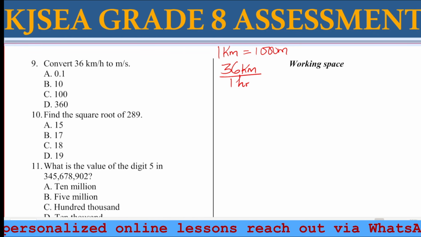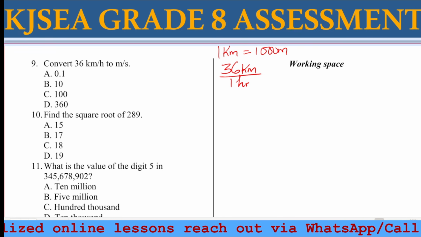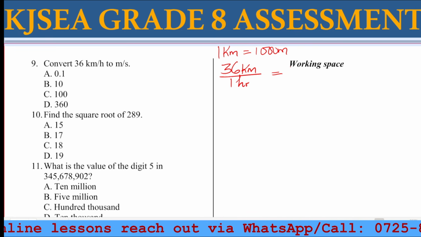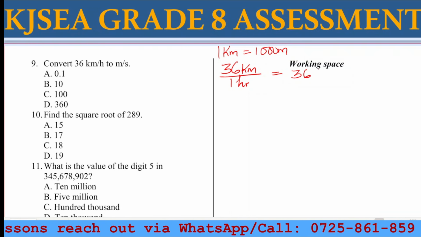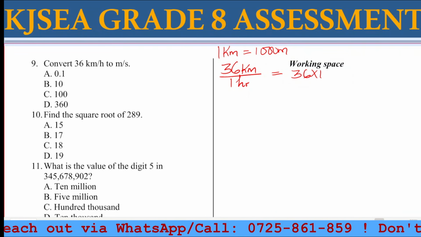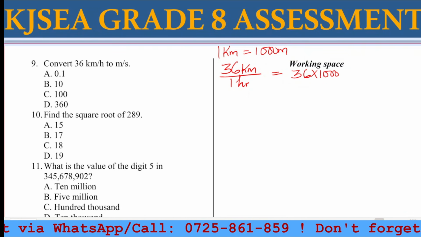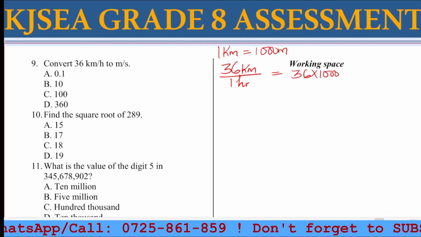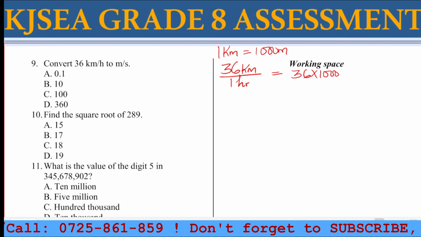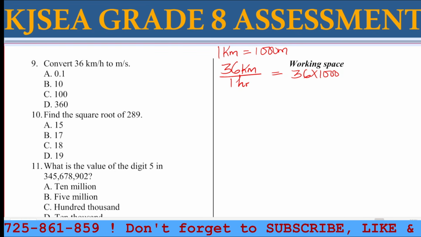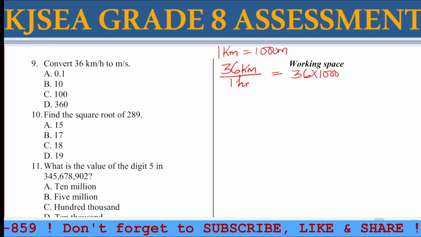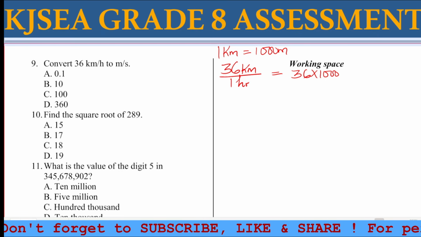So to convert 36 kilometers to meters, you multiply by 1,000: 36 times 1,000.